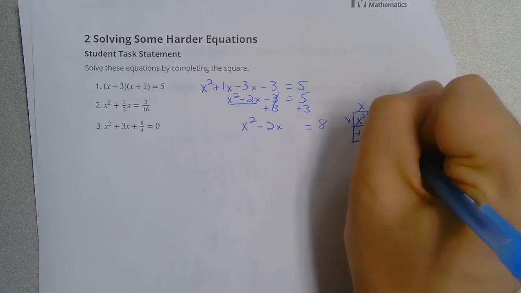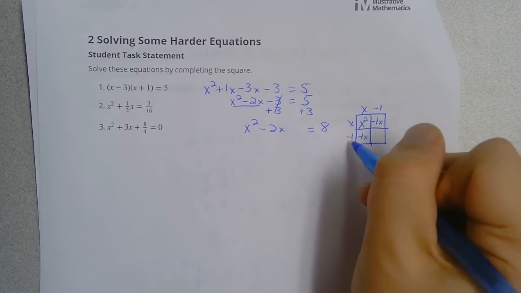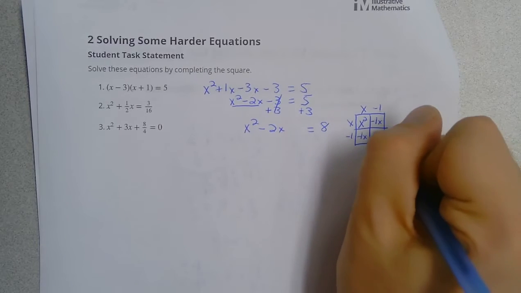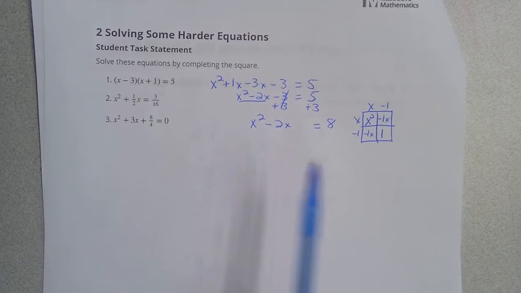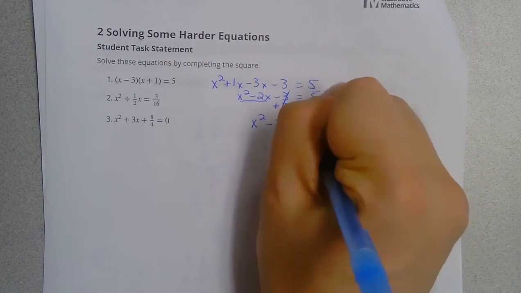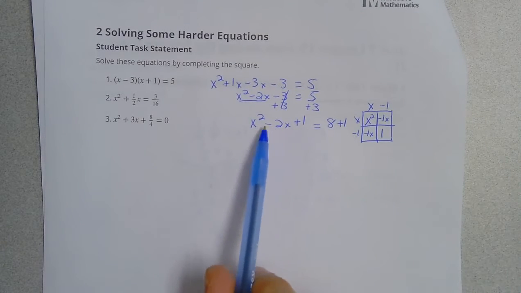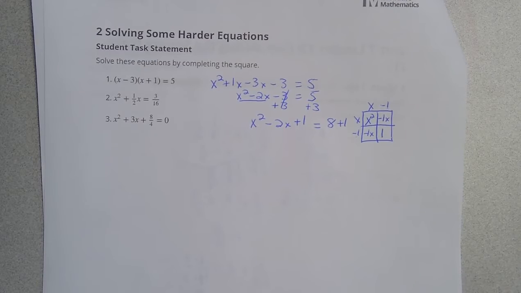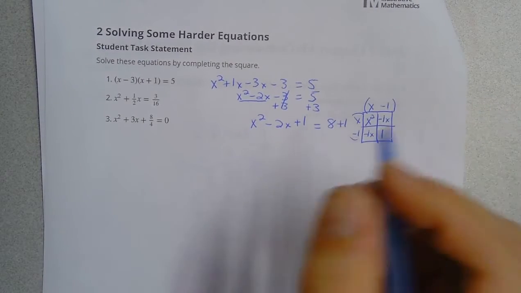Then here, if I pull that out, that's minus 1 and minus 1. Negative 1 times negative 1 is positive 1. So I'm going to add 1 to both sides to make this equation a perfect square. And if you notice on the outside, I have x minus 1 times x minus 1.